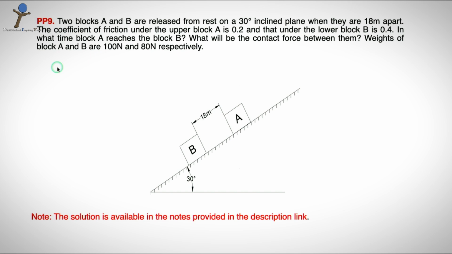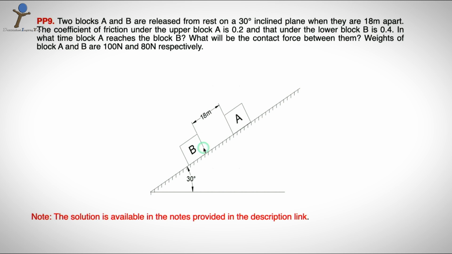Now let's look at problem number 9. Two blocks A and B are released from rest on a 30-degree inclined plane when they are 18 meters apart. So this is A, this is B, placed on an inclined plane at an angle of 30 degrees. And these two blocks are at a distance of 18 meters, and now they are released from rest.